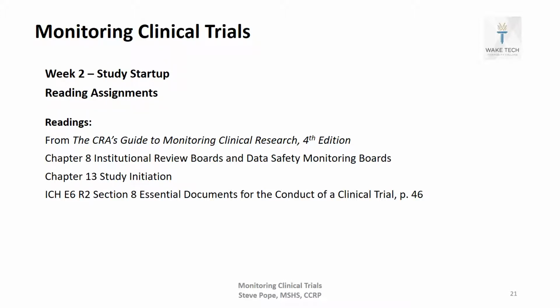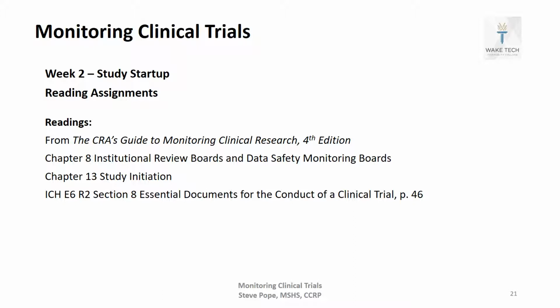Here are your reading assignments for this week in the CRA's Guide to Monitoring Clinical Research. We're going to read Chapter 8, which discusses institutional review boards and data safety monitoring boards. We're also going to take a look at Chapter 13, which is the study initiation content of our textbook.